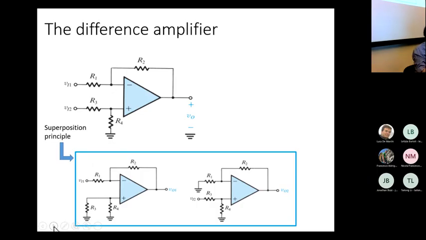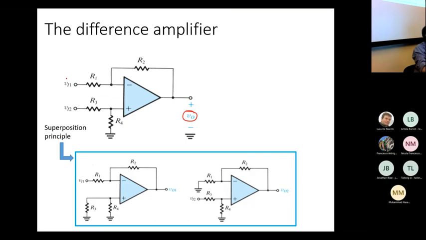The idea is that we can compute the effect of the inputs on the output by applying the superposition principle. First we plug in just input number 1 and we set V2 to 0, and vice versa, and then we add the two effects.